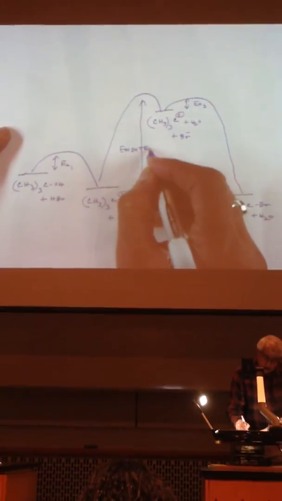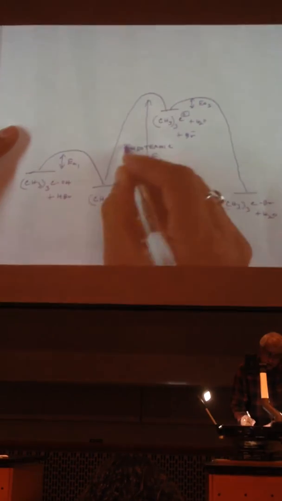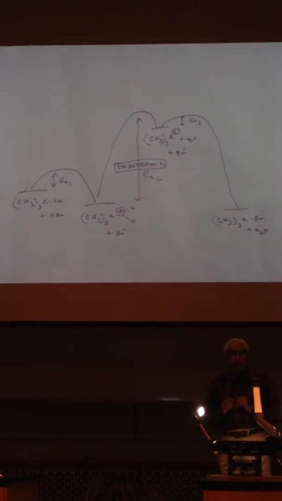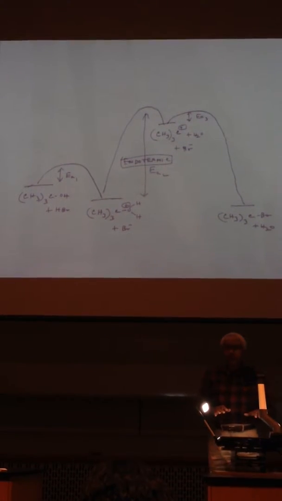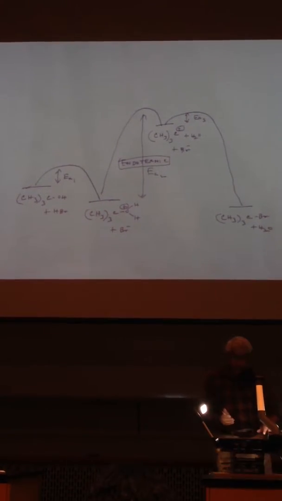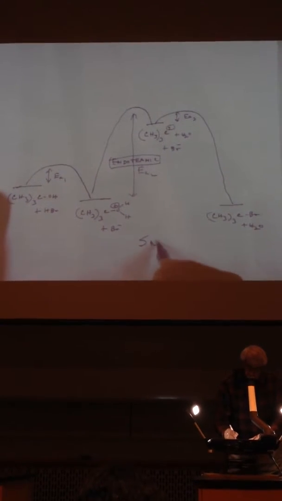now on these steps, this step is actually exothermic. The second step is strongly endothermic, needs energy in order to get to the high level. Now, this is the reaction typically we know as SN1.